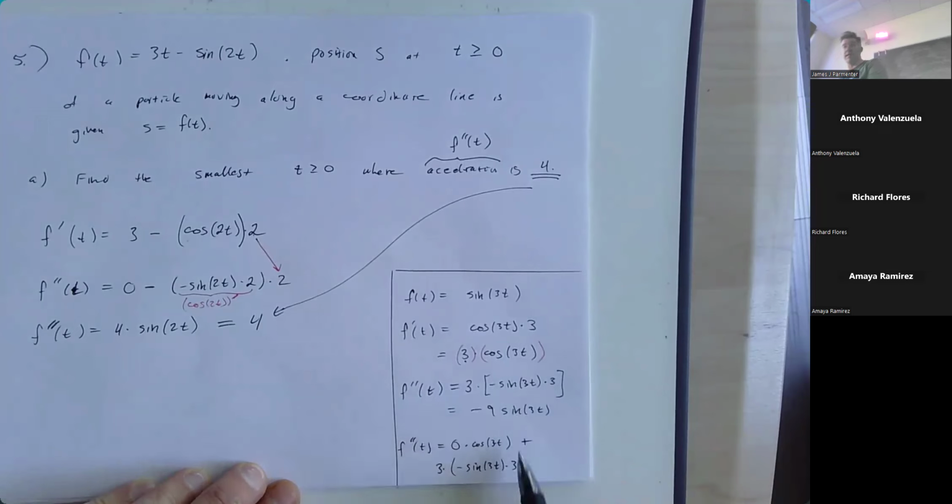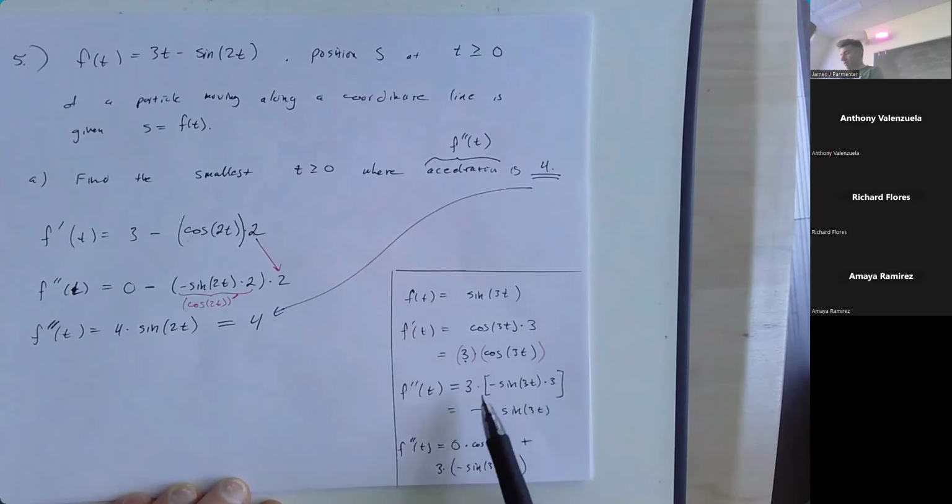Either way, you're still getting negative 9 times sine of 3t. I would always prefer to think of it as just a constant hanging out, but if the product rule makes more sense for you, that's also totally fine. Is that what you were asking?